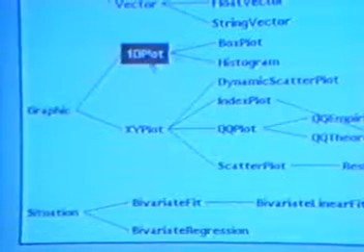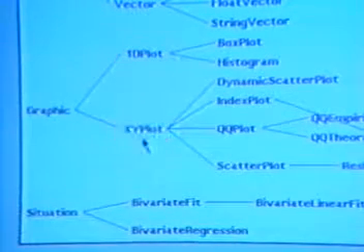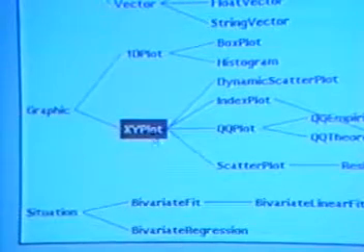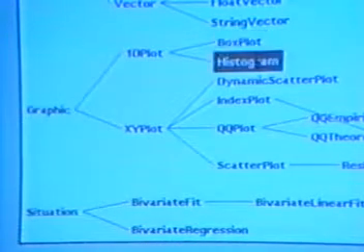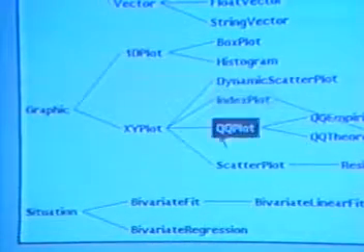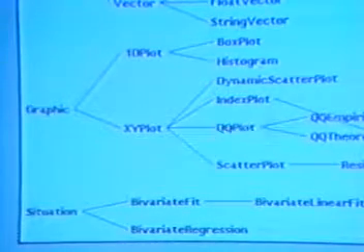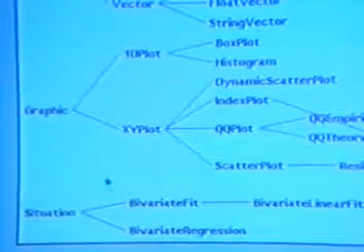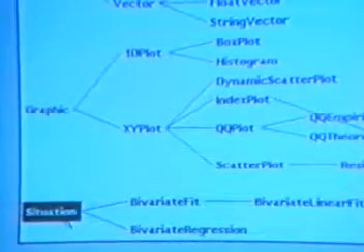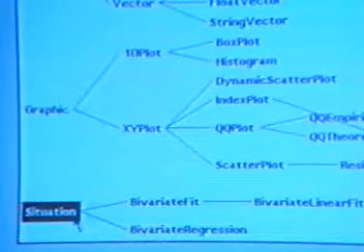These are divided into one-dimensional plots and two-dimensional or XY plots. Again, you see that the one-dimensional plots are either box plots or histograms, and two-dimensional plots are QQ plots and scatter plots and dynamic scatter plots. And these are, again, further specialized. A different kind of class is something we call a statistical situation.